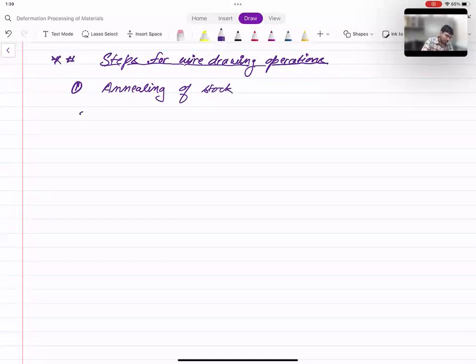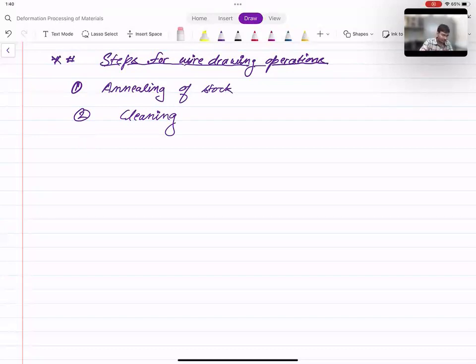So the second step is cleaning. When we are done with annealing and cleaning, we can now go for the drawing operation.